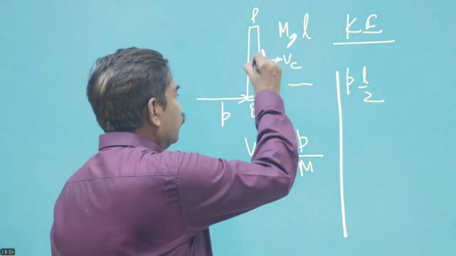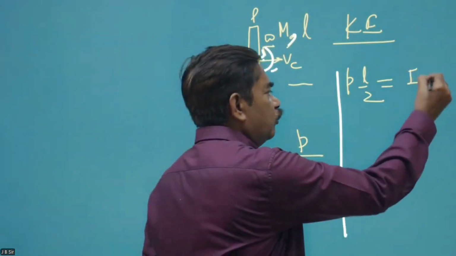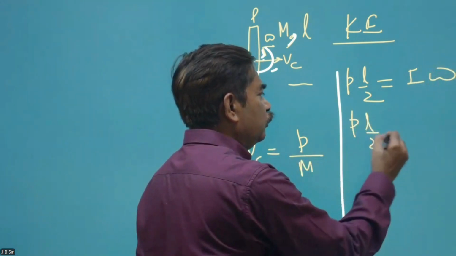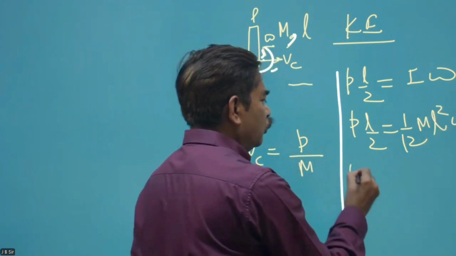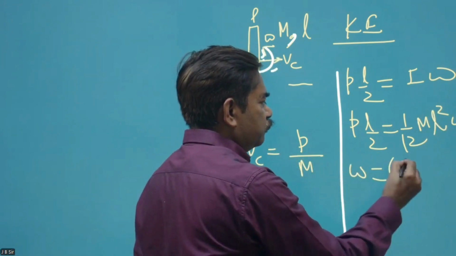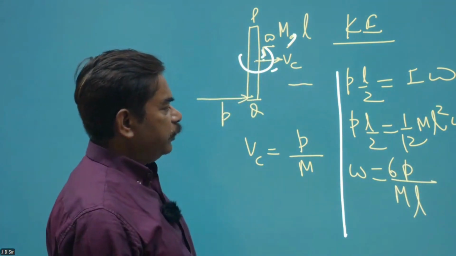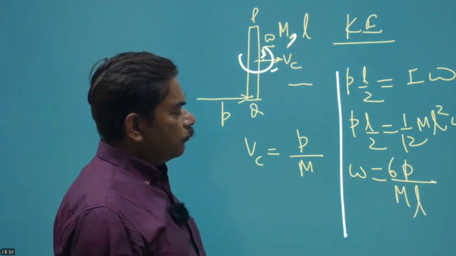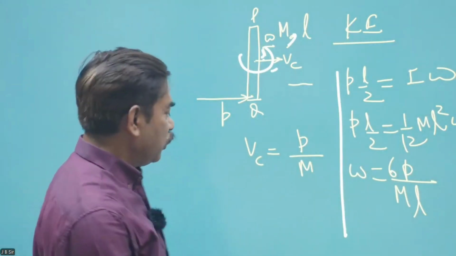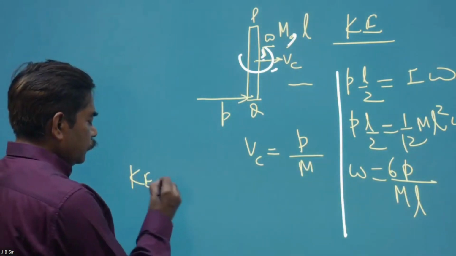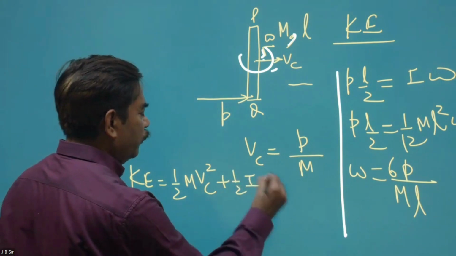And the rod will begin to rotate like this with an angular velocity omega. So that will be equal to I into omega. P into L by 2 is equal to 1 by 12 mL square into omega. So omega will become 6P upon mL. The total kinetic energy of translation plus rotation of the rod will be half m Vc square plus half I omega square.